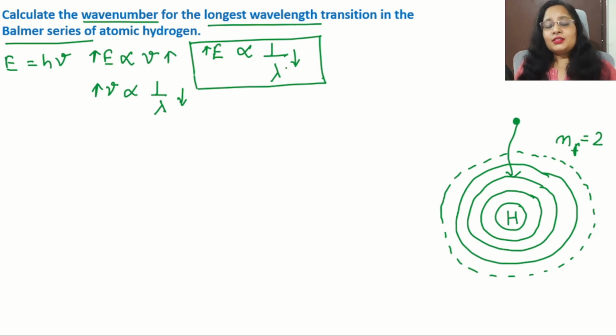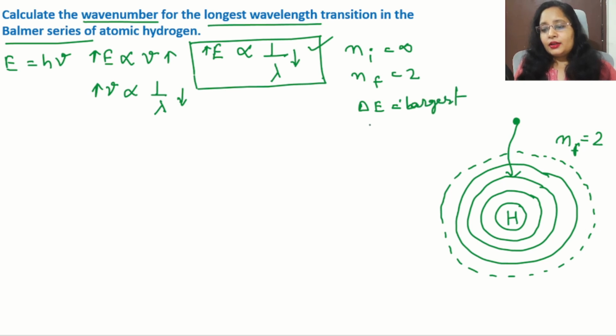So the energy difference is the largest, and according to this relation the wavelength will be the shortest. So suppose n initial is infinity and n final is 2. In this case the energy difference will be the largest, so the wavelength will be the shortest.